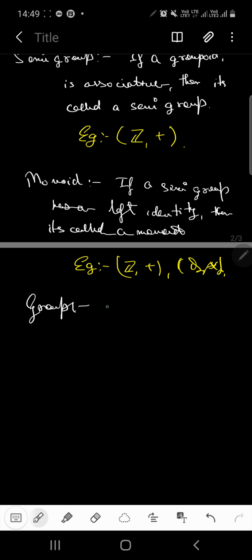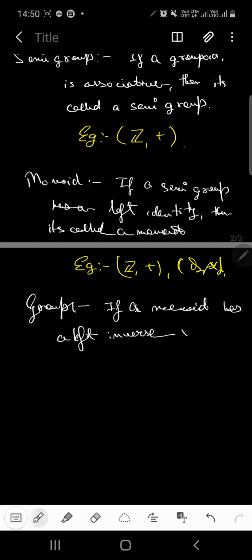So basically, if a monoid has a left inverse for all a belonging to the set G, then it's called a group.